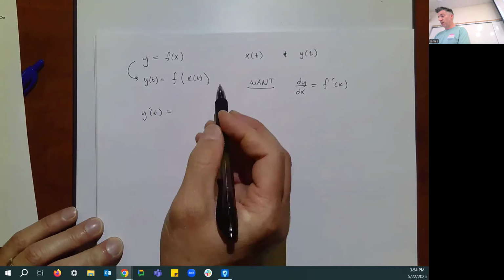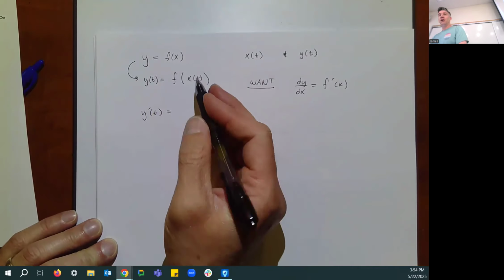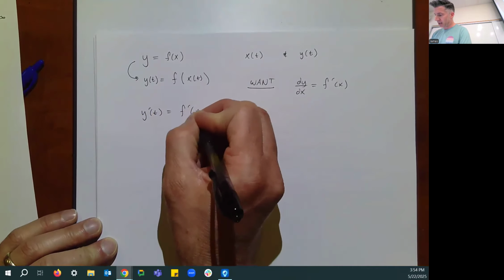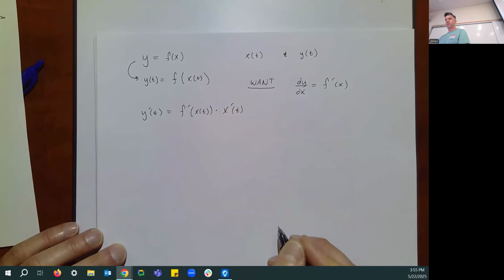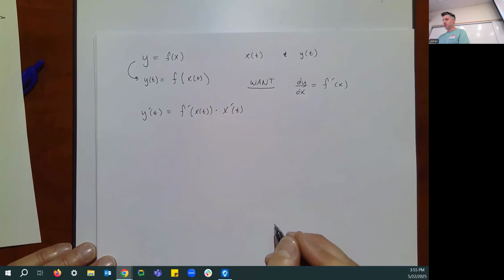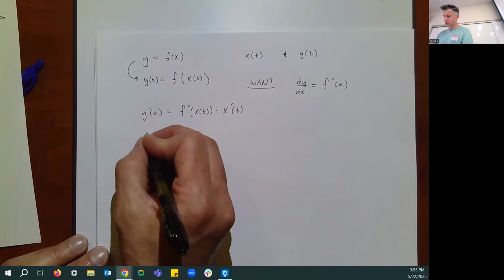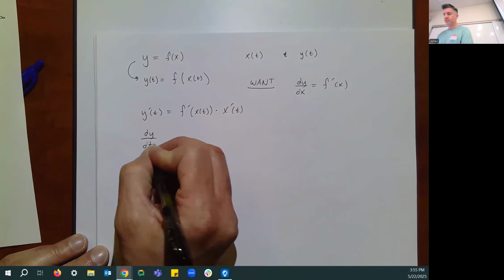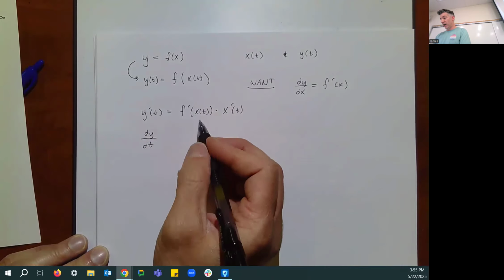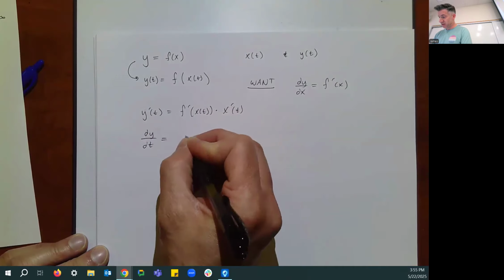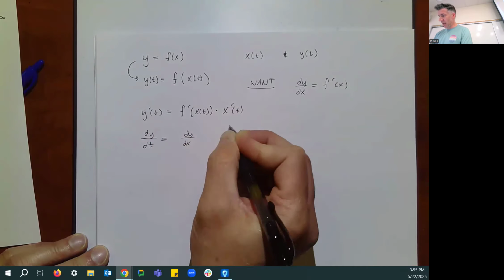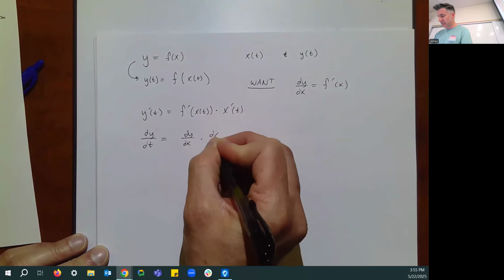But then the derivative of f of x of t is f prime of x of t times x prime of t. But y prime of t is just another way of writing dy dt. F prime of x of t, or just f prime of x, is my dy dx. And x prime of t is dx dt.